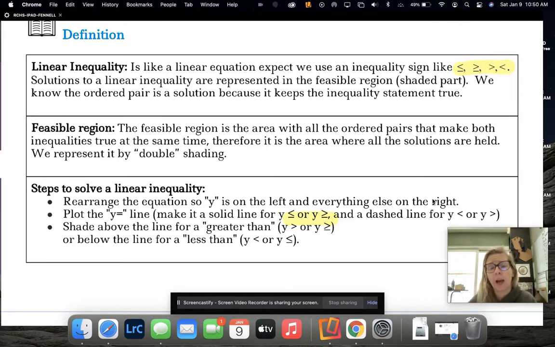But if your inequality symbol is just less than or just greater than, then you're going to have to use a dashed or a dotted line to indicate that the line is not part of the solution. So if y must be greater than the line, then it can't be on the line because that's not greater than the line. So those inequality symbols do matter. We use a solid line when it's greater than or equal to or less than or equal to, and we use a dashed or dotted line for when it's just less than or just greater than.